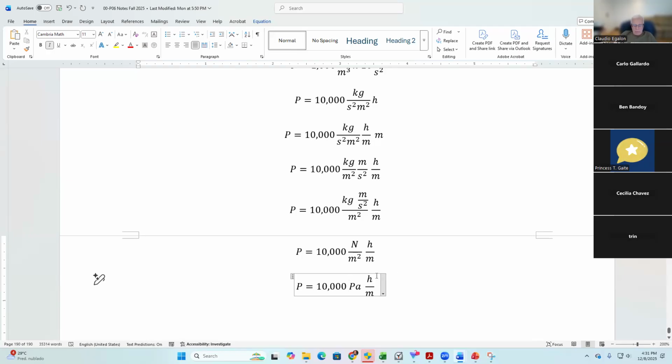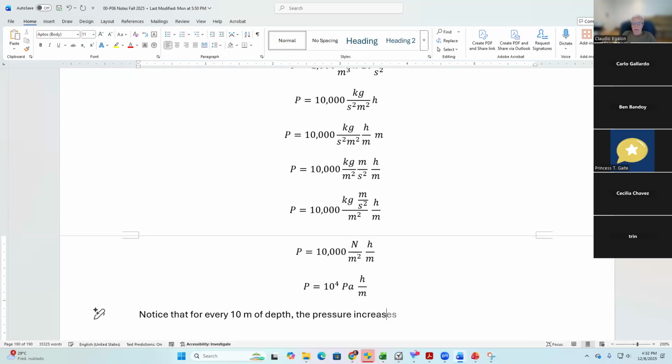I'm going to put it as 10 to the fourth power. Notice that for every 10 meters of depth, the pressure increases by approximately 1 atmosphere.